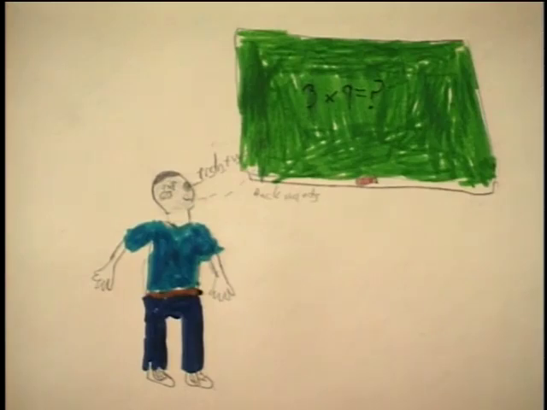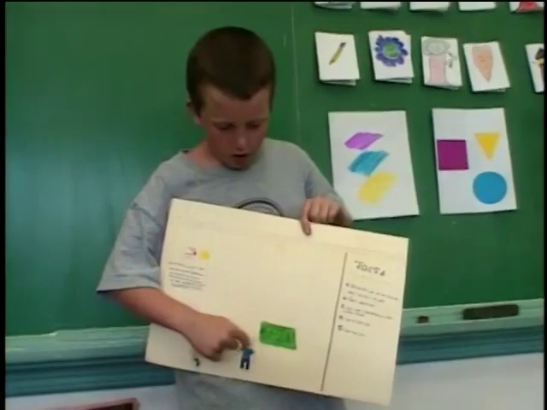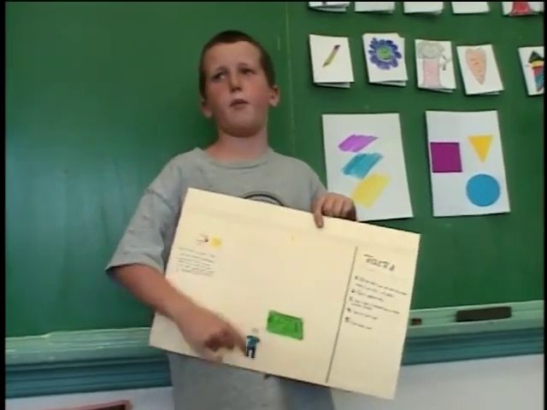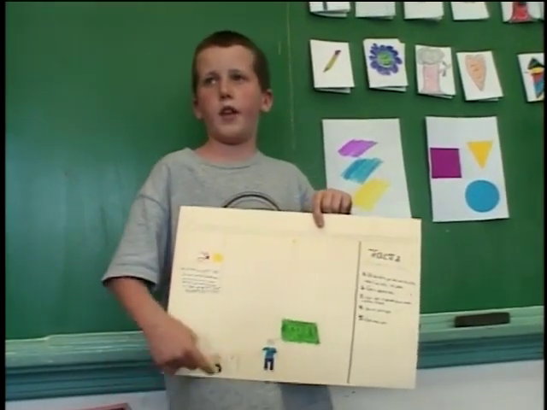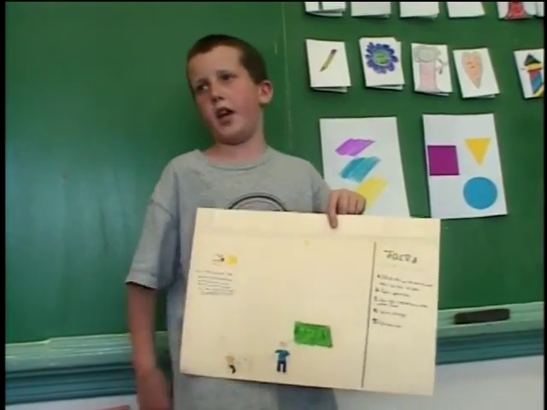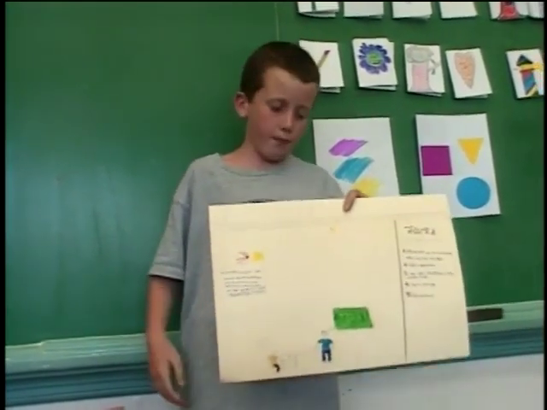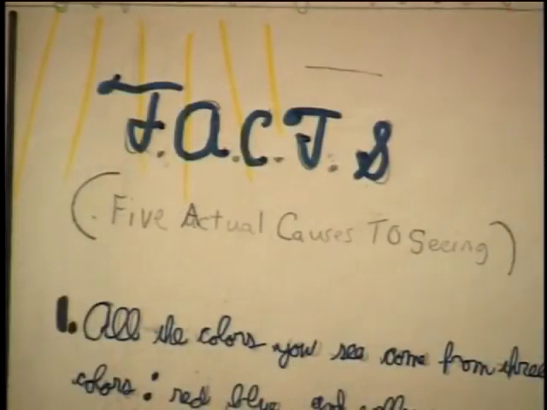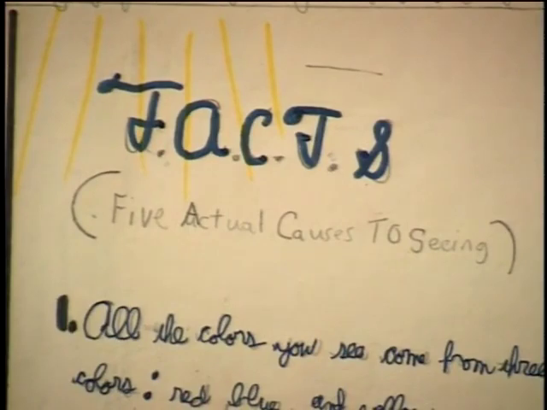And this boy is trying to figure out a math problem, and it shows him looking at the object, it coming back into his brain upside down, and then projecting out again right side up. And over here it says facts. It means 5 actual causes to seeing.